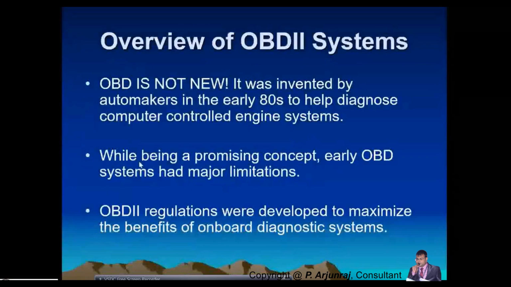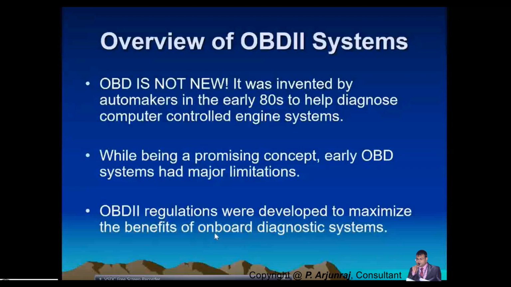OBD 1 had some limitations that were overcome with the help of OBD 2, and these OBD 2 regulations have been developed to maximize the benefit, which will help with the regulation norms as well. Basically, now we are going with Euro 6 in India, and Euro 6 is already there in Europe, and they are now moving towards Euro 7.